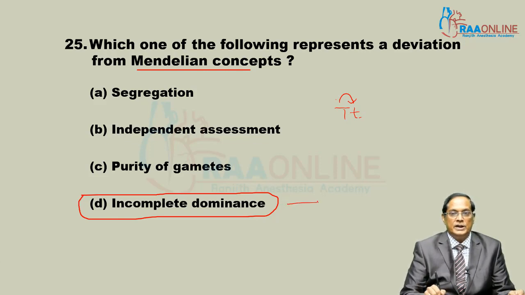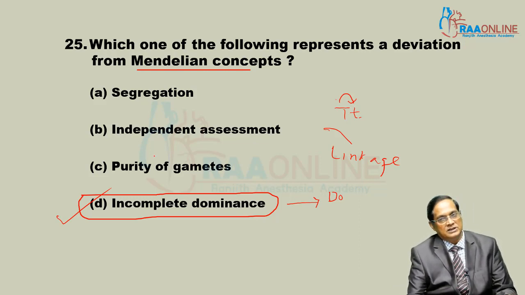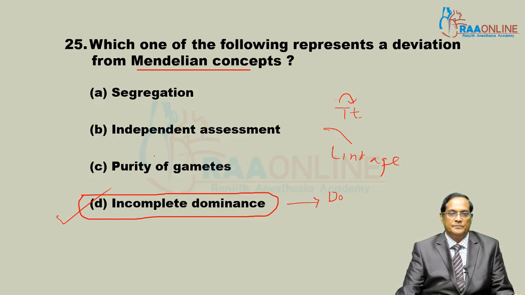So, incomplete dominance is a deviation of Mendelian dominance. Similarly, if we study linkage, then it will be a deviation of independent assortment. But here only one is given. So that's my answer, incomplete dominance. Incomplete dominance is the deviation of Mendelian dominance in this case.